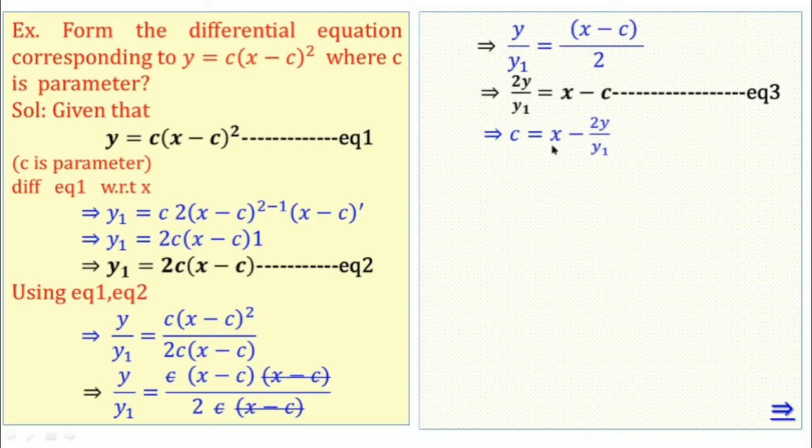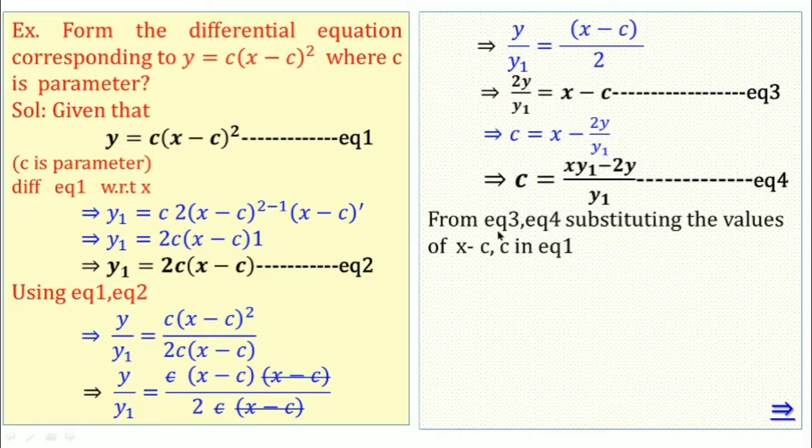So we get the c value: c is equal to x minus 2y by y1, that is, (x y1 minus 2y) by y1. We are taking this equation as equation 4. So we get the c value here.